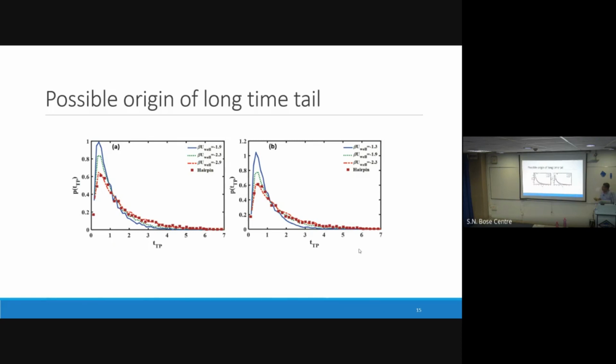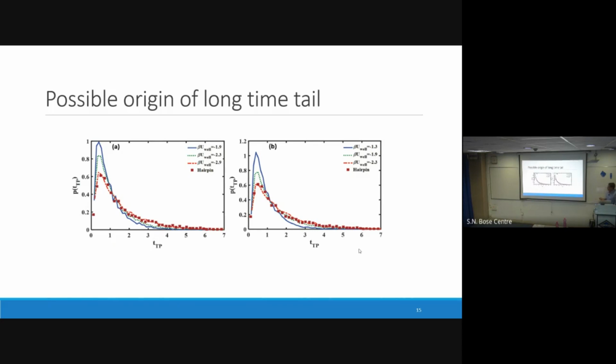So, we see from both cases, the cusp one and the piecewise quadratic one, that increasing the well depth from 1.3 to 2.3, and here 1.9 to 2.9, actually gives the exact fit with the experimental result, and thereby reproduces the longer time tail.